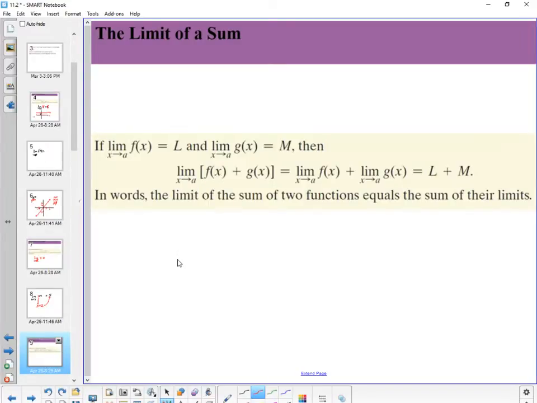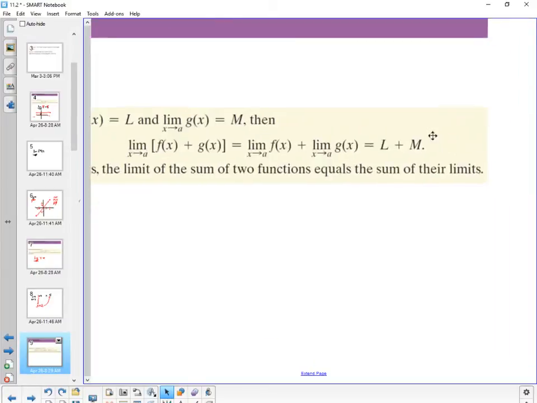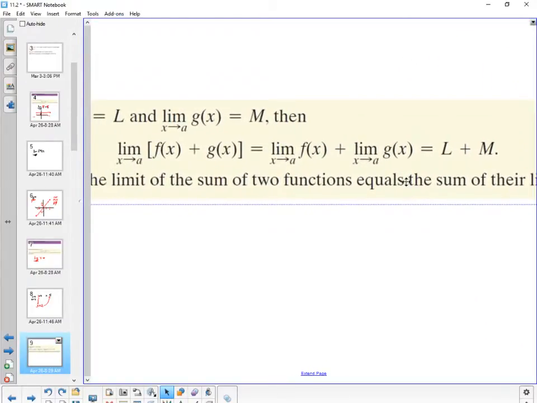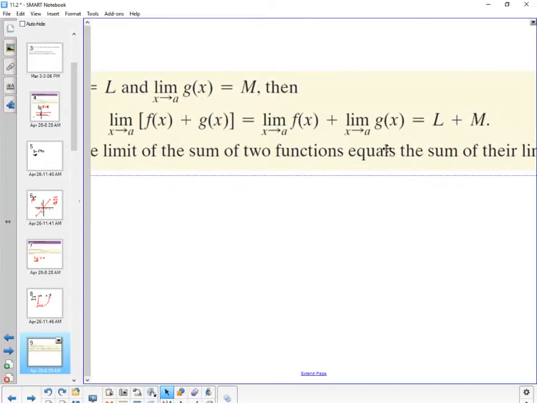If I'm looking for the limit as x approaches something, and I have the sum of two functions, I can just add the two limits separately as well. Sometimes that's just easier to do.